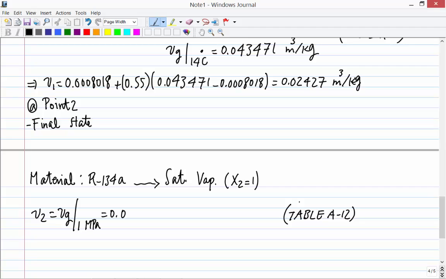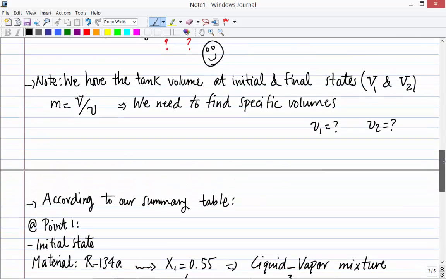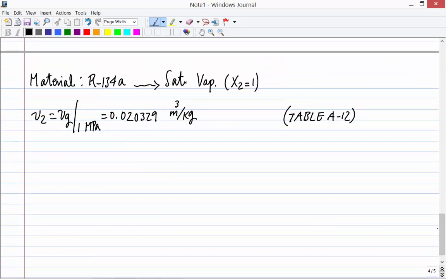So, and here it's 0.0321, all with the same units. Now I can go to that equation to find m here. Capital V divided by little v.